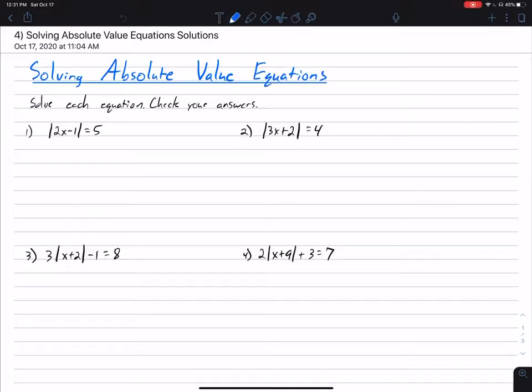In this video, we're going to look at solving absolute value equations. What you want to remember is that the absolute value measures distance from zero.